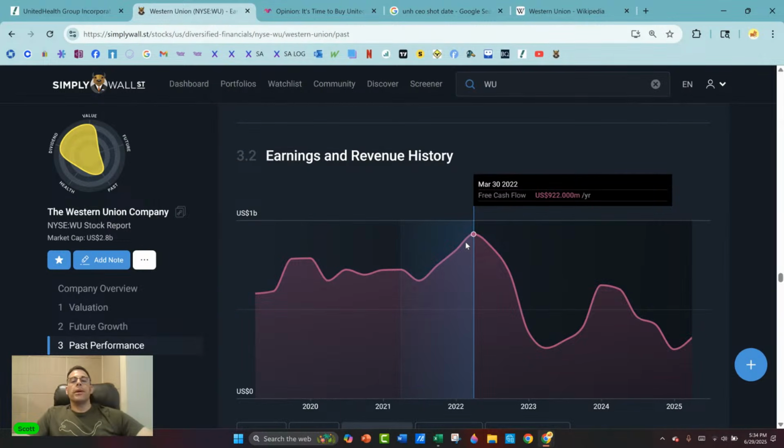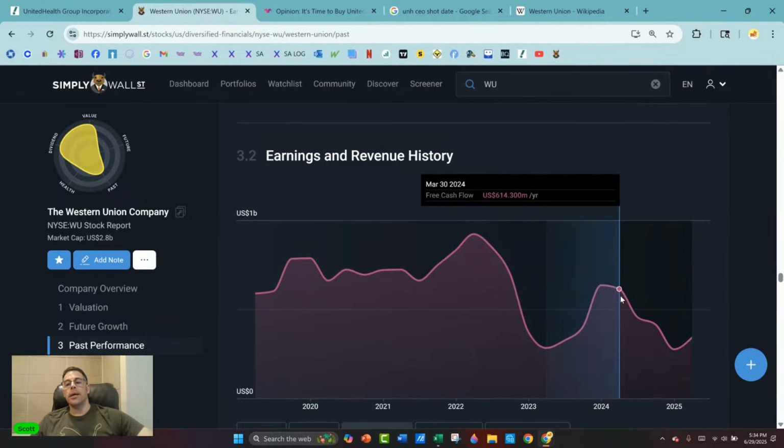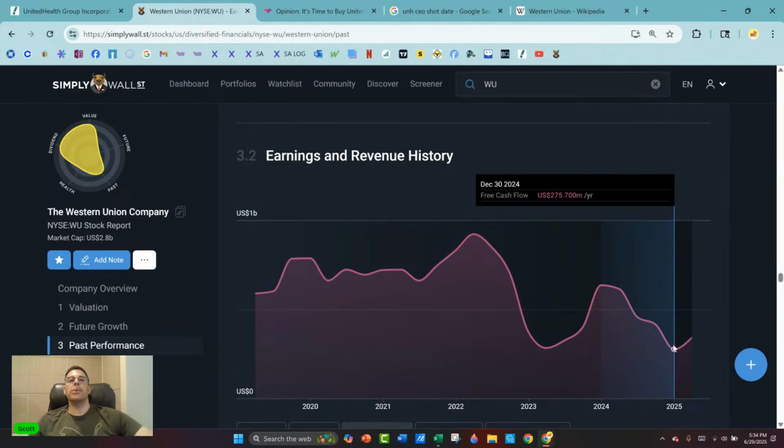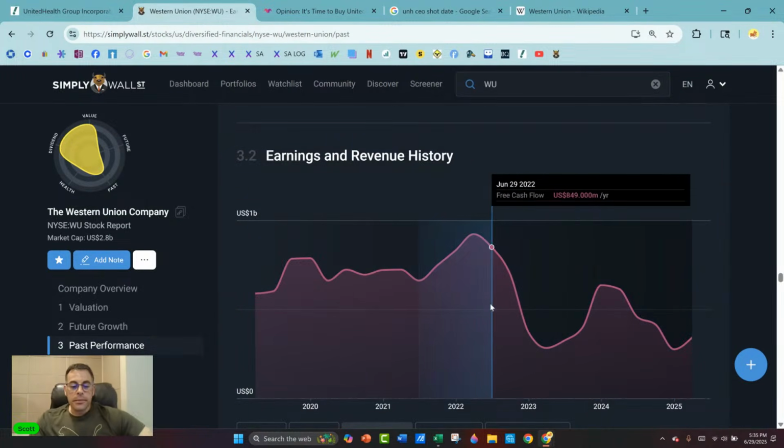So 2022 was over 900 million free cash flow, but since then, it's not even close. So free cash flow is down 40%, and they're going to keep getting squeezed because expenses keep going up, things like that.